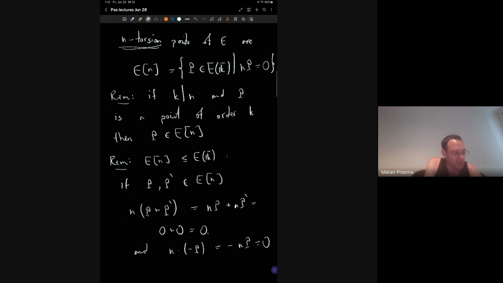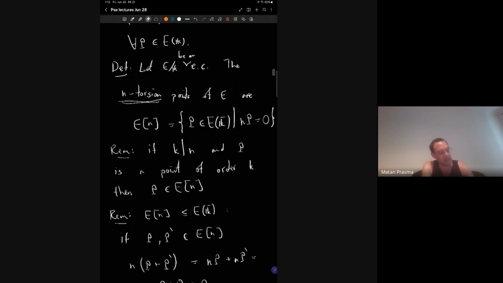And let's remark that the reason we want n torsion points to be all the points in K bar that satisfy nP equal O, and not over K, is the good behavior that we saw, for example, for points of order 2.